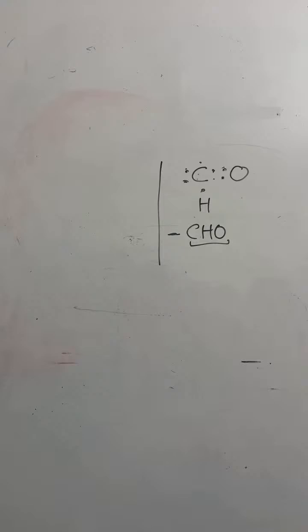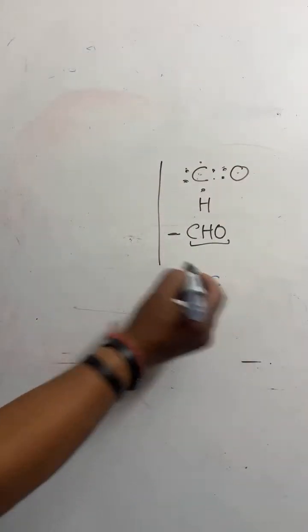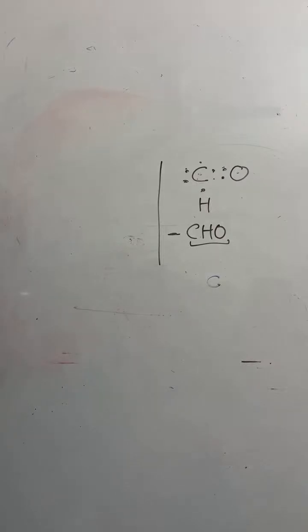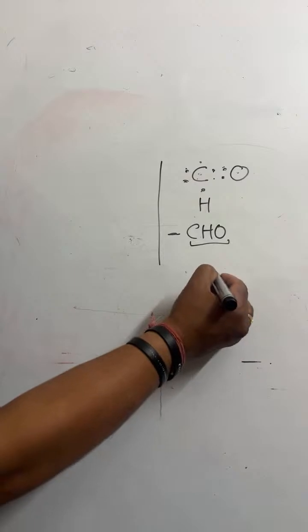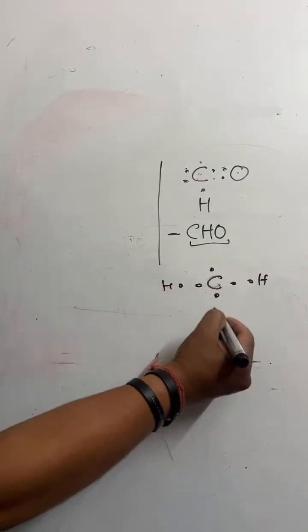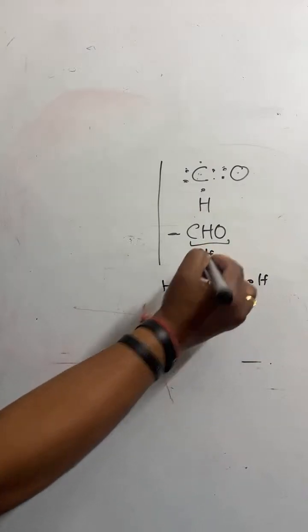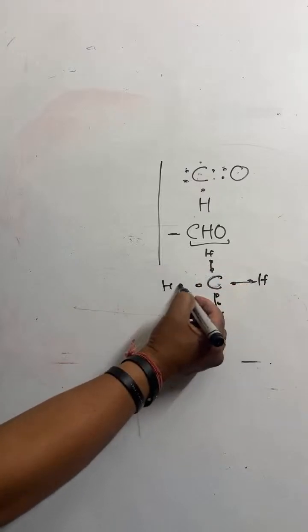Okay, so what is going to happen right now? As I discussed with carbon and hydrogen, one carbon is added with four hydrogens, because these are four electrons: hydrogen, hydrogen, hydrogen, and hydrogen. So now one bond, second bond, third bond, fourth bond.